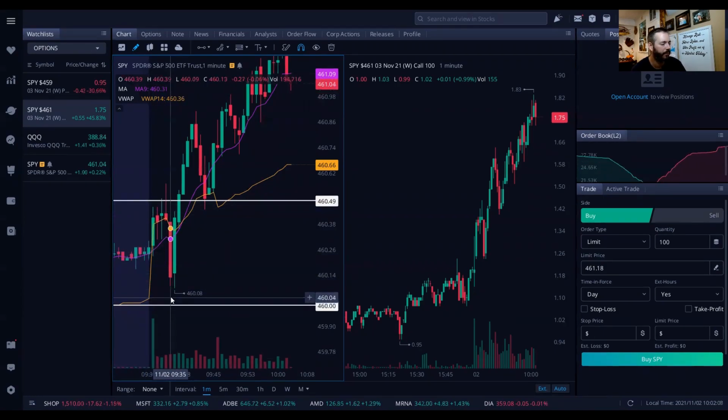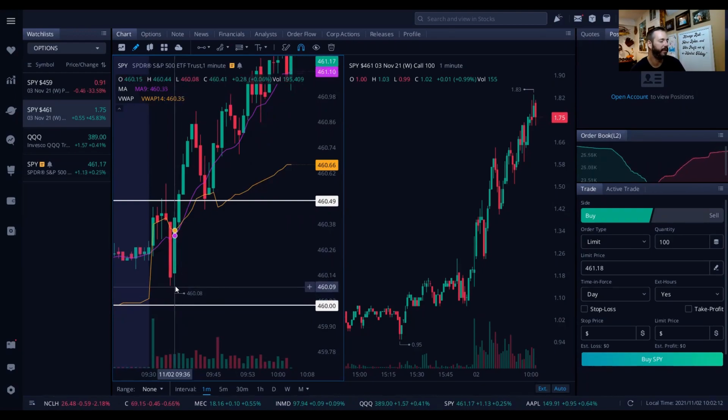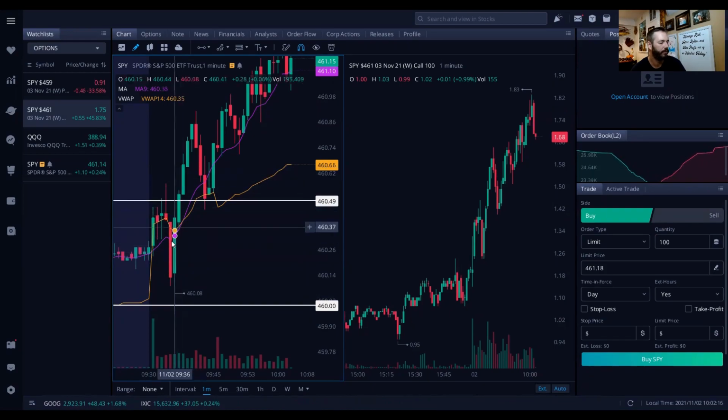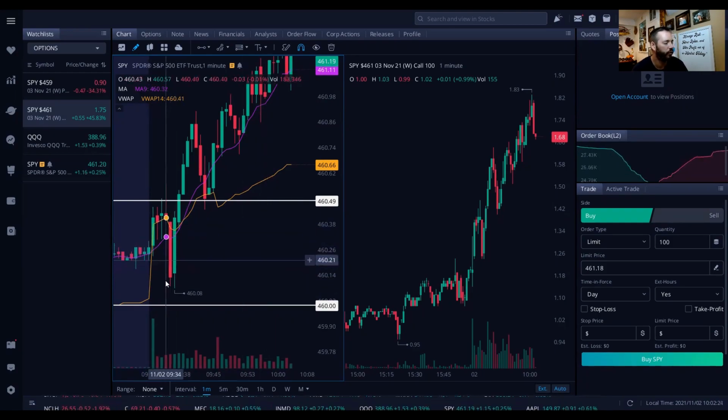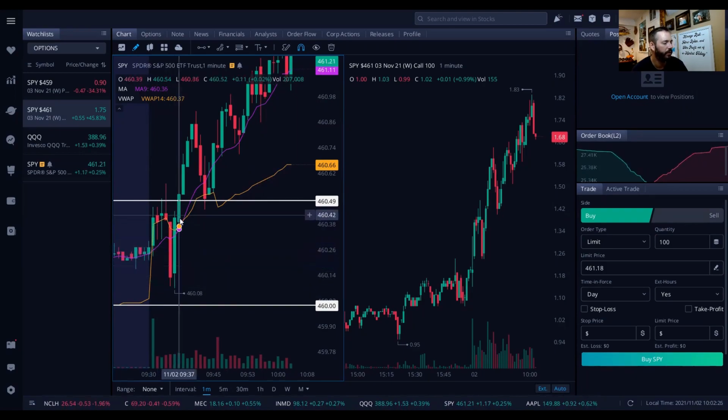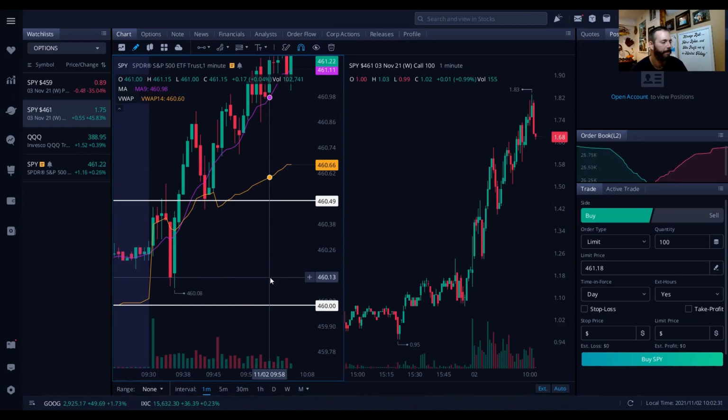We got the drop to 460, a previous support level. And then in this one candle here, this is where you know the trade was going to be very beneficial to take call options. When you get a drop and then the very next candle totally engulfs the previous candle, that is very bullish.